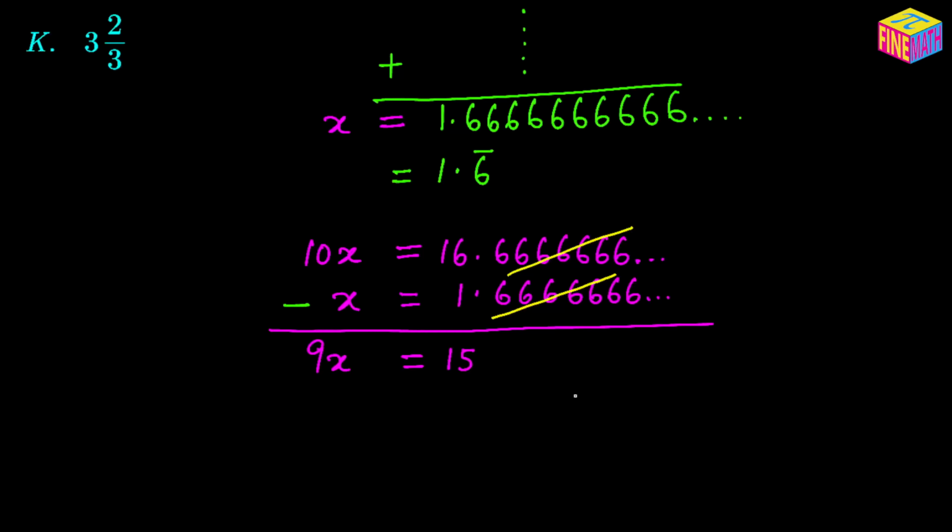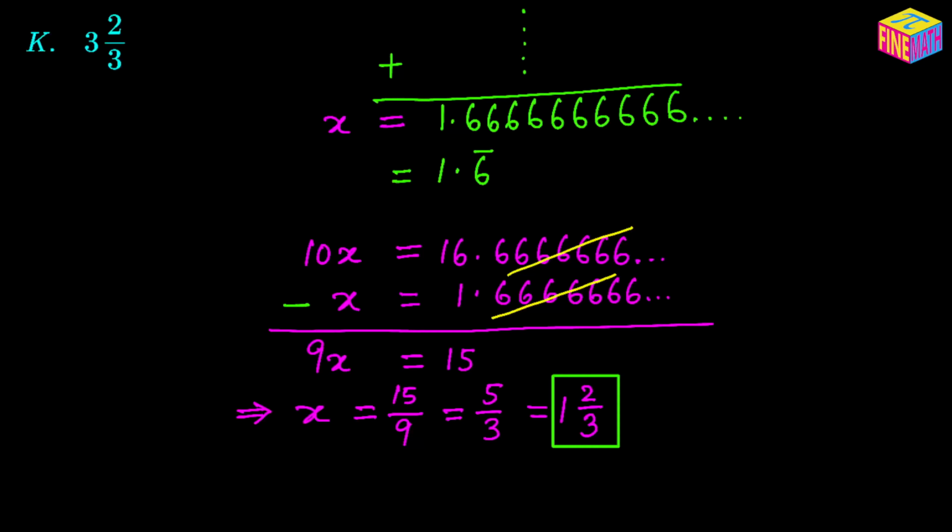So we can write it as 15. Alright, so if 9 times x is 15, then x would be equal to 15 over 9. That would be 5 over 3, because if you divide both the numerator and the denominator by 3, we get 5 in the numerator and 3 in the denominator, and this will be equal to 1 whole and then 2 over 3. So 1 plus 2/3. And that is our answer.